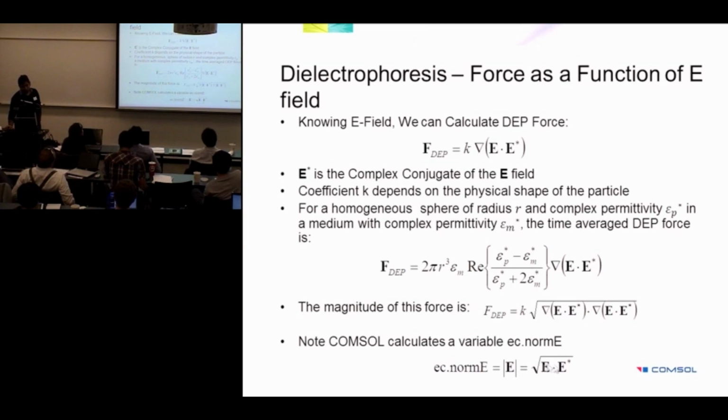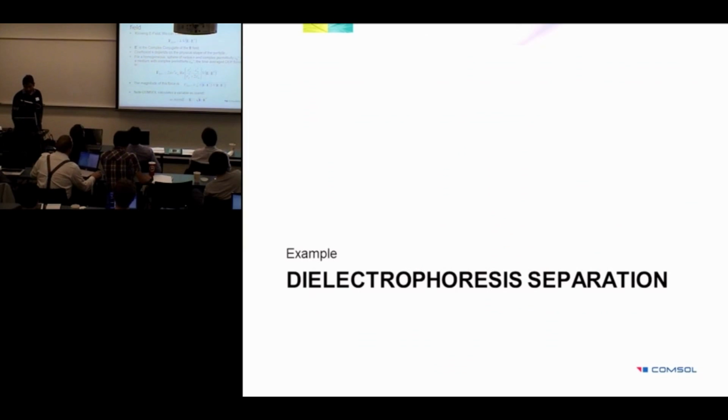In Comsol, we could use this expression, or EC norm E, to get those values here. So you can get the dielectrophoretic force which is working on those particles, and you can manipulate it to cause different separations. There are different other parameters in dielectrophoresis. You can manipulate the medium, you can manipulate particles, you can manipulate, of course, the geometry of the system. In that way, you could cause the separation or mixing.